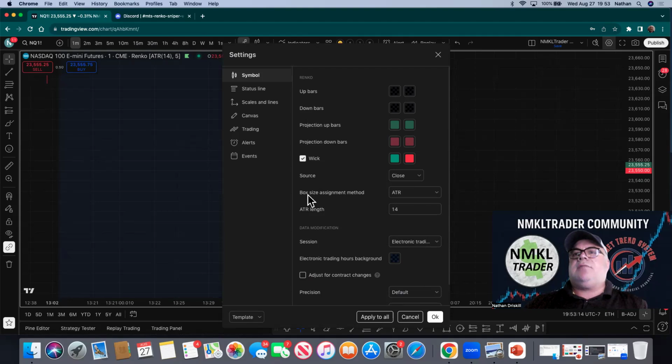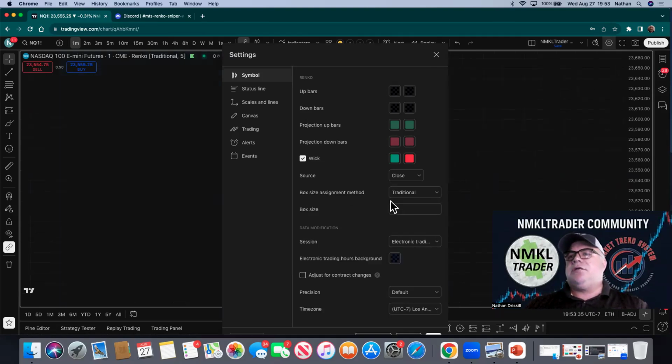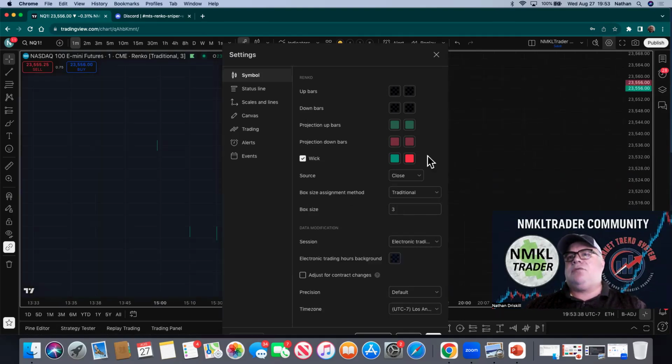Now, right here, because we're doing Renko bars, you won't find this available when you have Heikin Ashi selected. But this has a box size assignment method. There's really only two or three options here. I like to set it to traditional, and here's why: it allows me to do what I want.